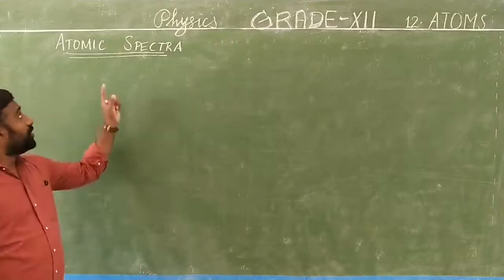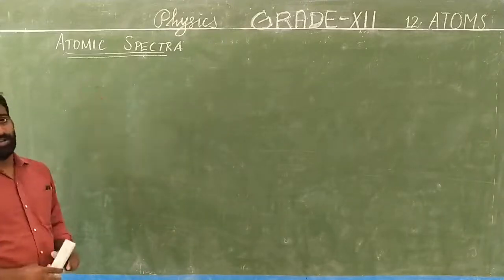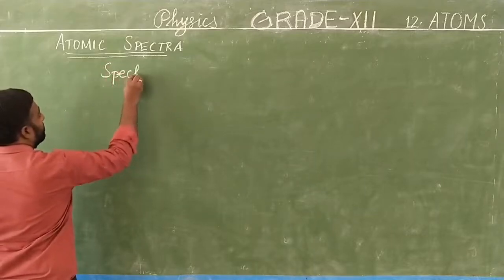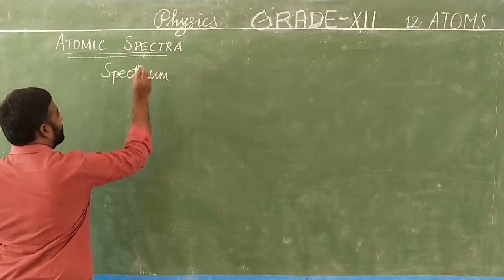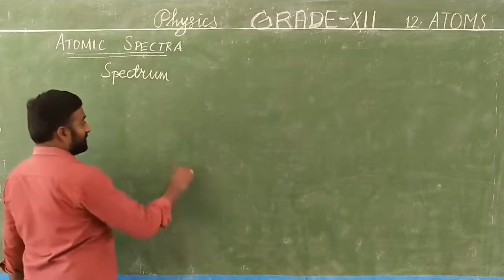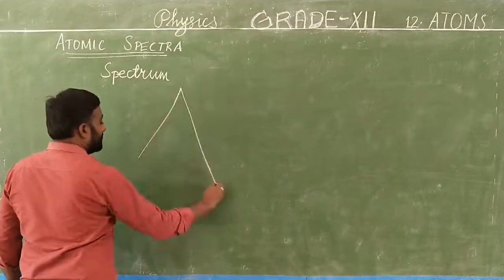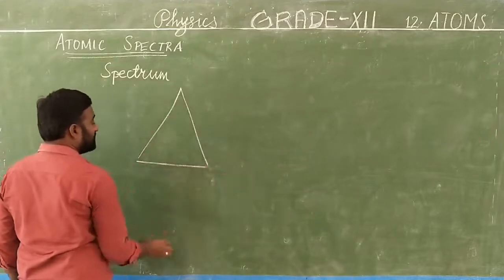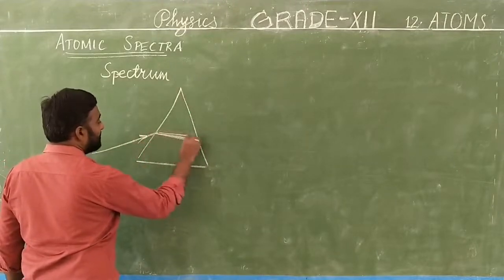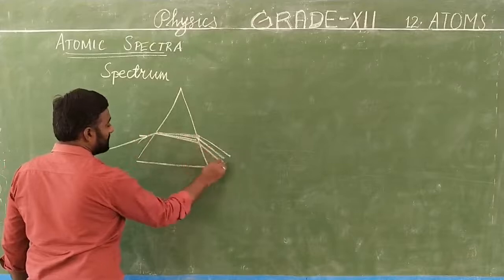The next topic we are going to see is atomic spectra. Spectrum, you already know. What is a spectrum? You already studied this in your 10th standard science physics. A spectrum is nothing but a band of color components. Through a transparent glass prism, when white light passes through it, it undergoes refraction and then dispersion.